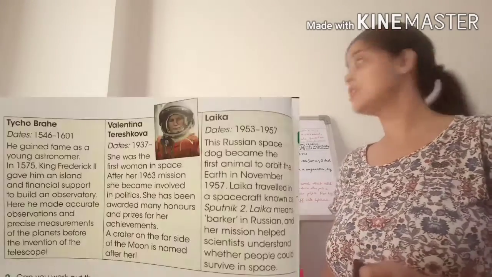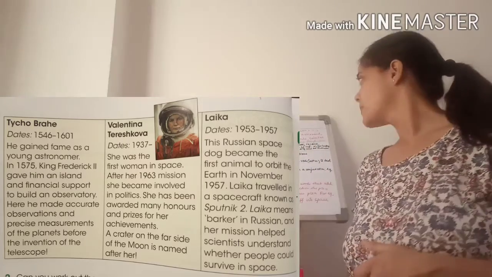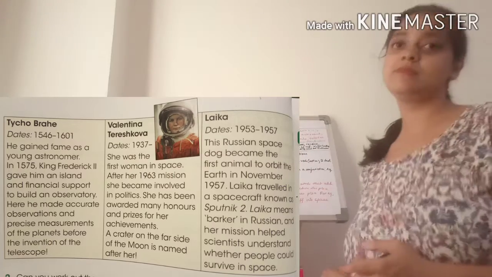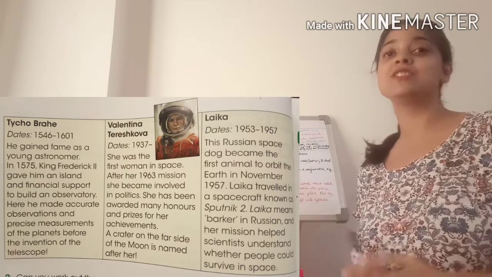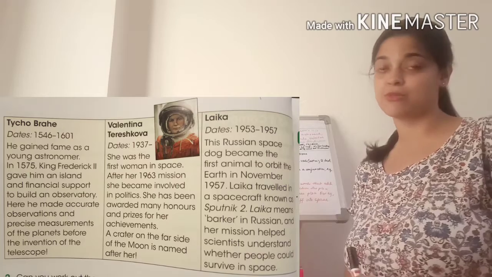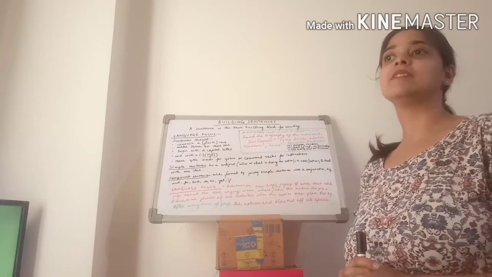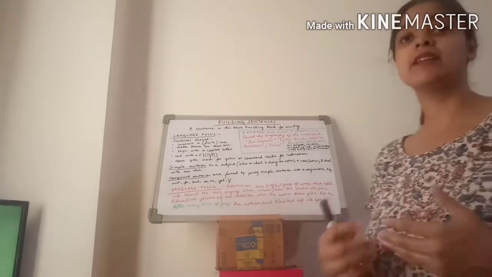Read about the biography of Tycho Brahe, of Valentina Tereshkova, and Laika. Laika is a Russian space dog, the first animal to go to space. Read about these biographies, okay? And then compare their features.